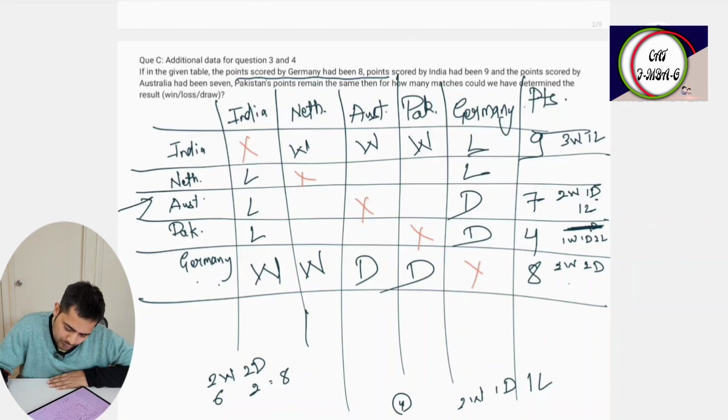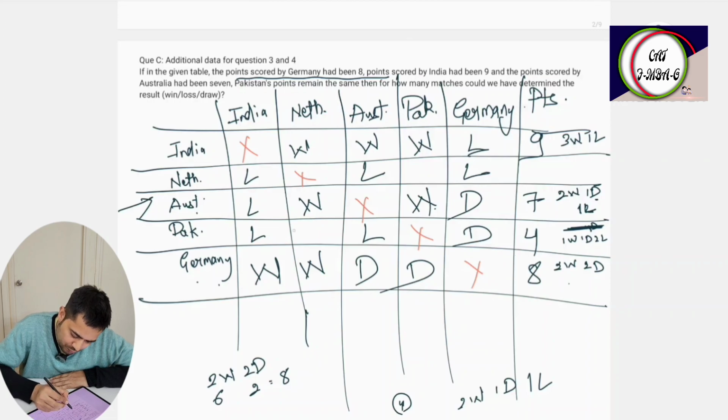Australia has 1 draw, 2 wins and 1 loss, and Pakistan has 1 win, 1 draw and 2 losses. We have to identify against whom Pakistan wins. Australia's 2 wins are against Netherlands and Pakistan, so Pakistan loses to Australia.